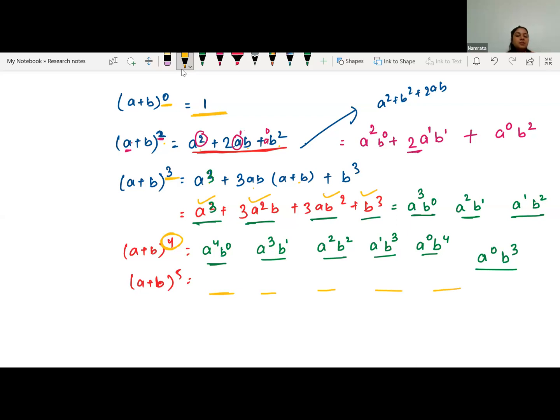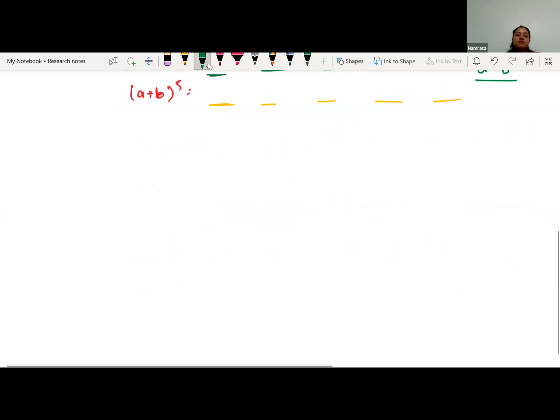How many terms will we be getting when the power is 5? When the power is 0, we have got 1 term. One more. When the power is 2, can you see 3 terms we have got? When the power of (a plus b) whole square is there, a square plus twice ab plus b square.